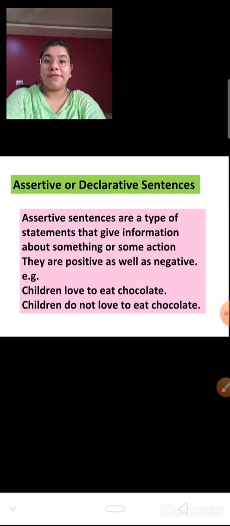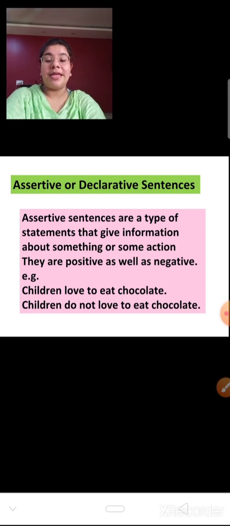What are assertive or declarative sentences? Assertive or declarative sentences are a type of statement which give information about something or some action. They can be positive as well as negative. For example, assertive sentences are those sentences which give information.